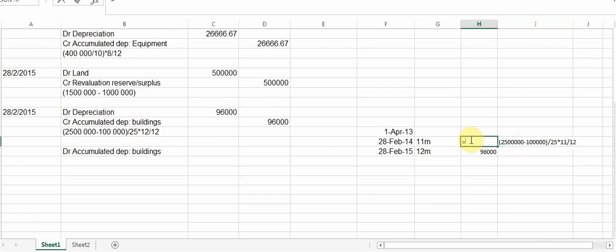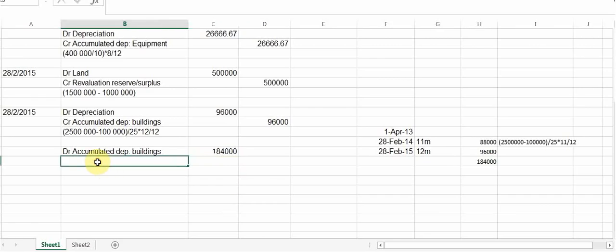So when I do this, I get 88,000. So the total amount that I need to take out is the 88 plus the 96,000, which is 184. So this total 184 is taken out of my books.